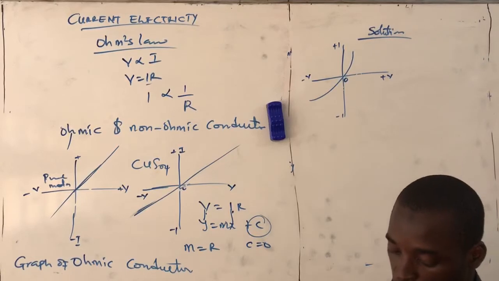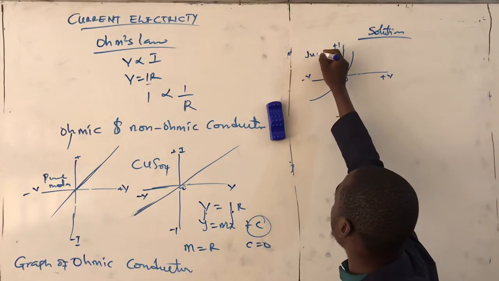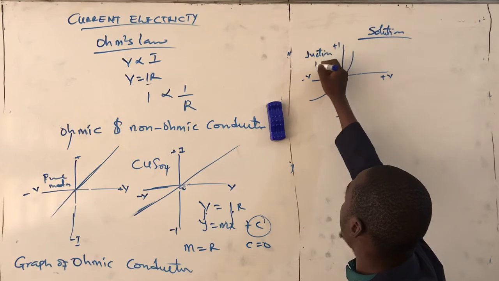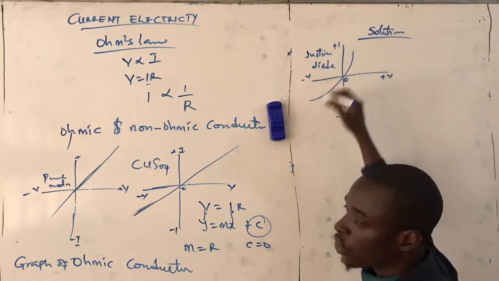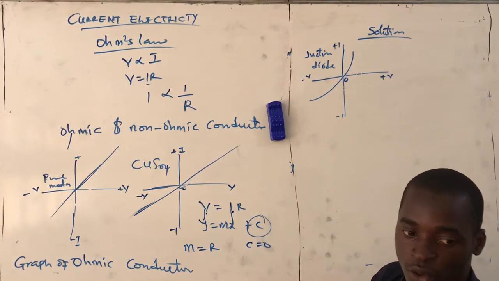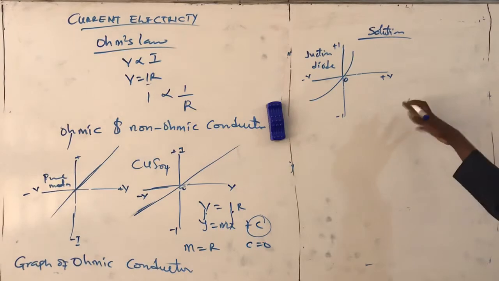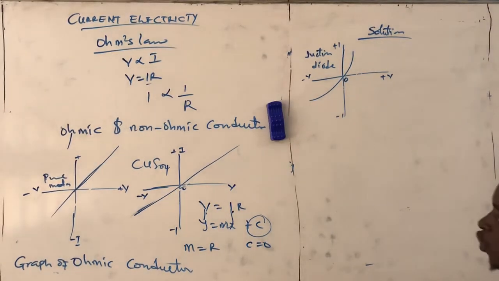This one we normally use for junction diode, and the other one also we can have different things. We can have diode valve, we can have neon gas. Like that, we have many examples of non-ohmic conductor.